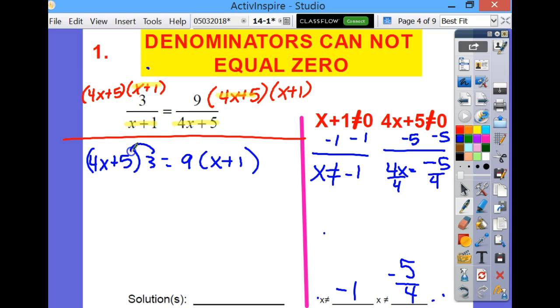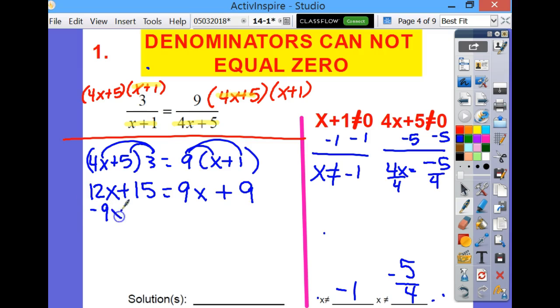And so now we need to distribute and solve. Do I have any x squareds in this problem? Then all I have to do is combine like terms.